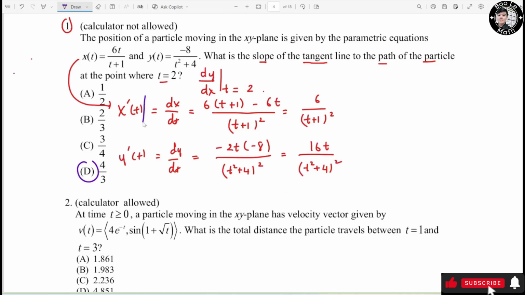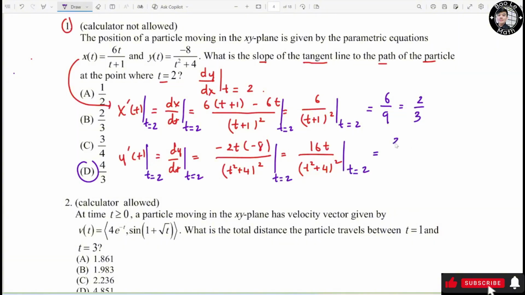We're going to evaluate this one at t equals 2. So it's going to be 6 over 9, right? It's going to be 2 over 3. Evaluate this one at t equals 2. It's going to be 32 over 64, which is 1 over 2, right?